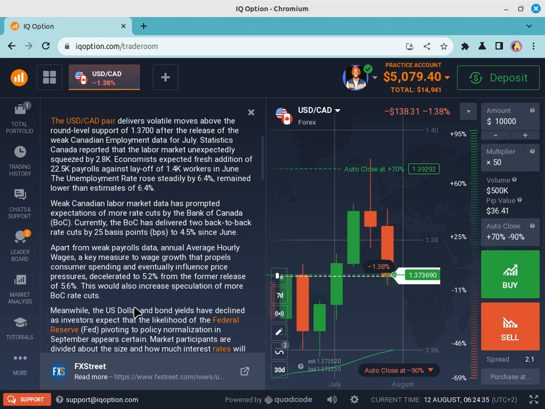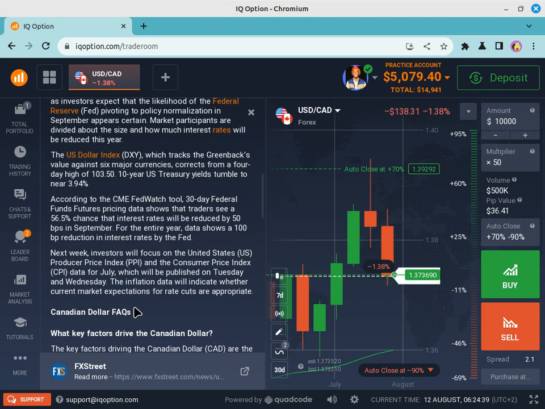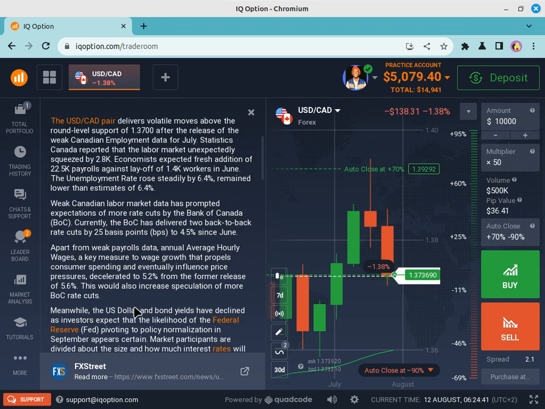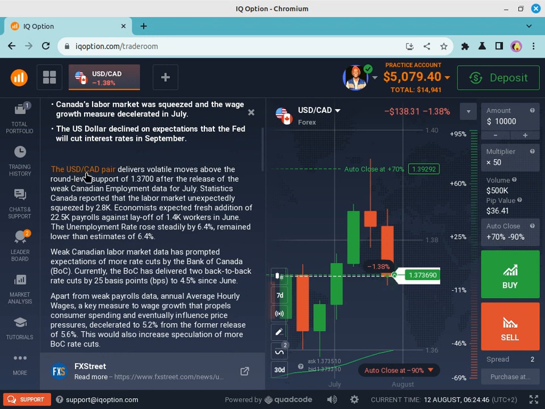So we have more news here. So let's dive into the news. The USDCAD pair delivers volatile moves above the round level support of 1.37 after the release of the weak Canadian employment data for July statistics.